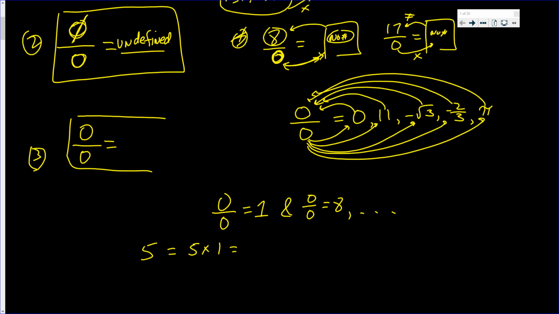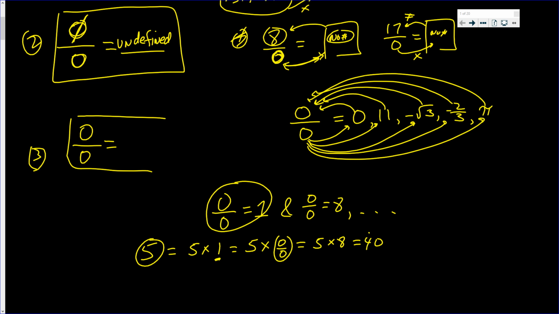And if we allow 0 over 0 to be any number we want, it can be 1. So here's 5 times 1, which is 5 times 0 over 0, which can be 8, can be any number. So 40. So what we have is that 5 equals 40. But we can't have this.